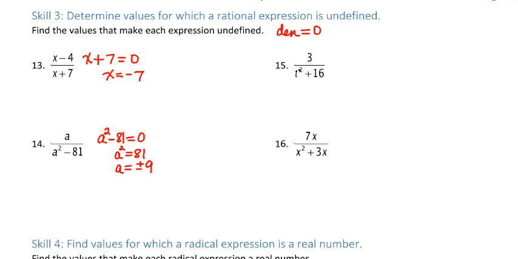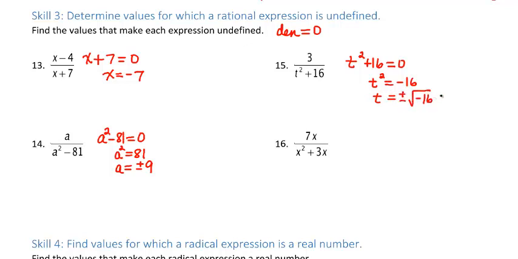Number 15 is 3 divided by t squared plus 16. So we set t squared plus 16 equal to 0 and solve. If we applied the square root property, we would say that t squared equals negative 16. And so t would be plus or minus the square root of a negative number.